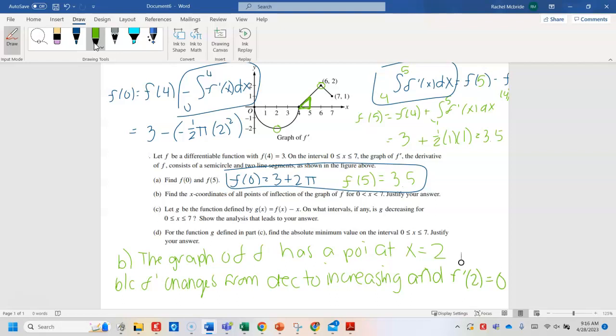The graph of f has a point of inflection at x equals 6 because f prime changes from increasing to decreasing, and f prime of 6 does not exist, because that is a point of, well, a double prime, of 6.